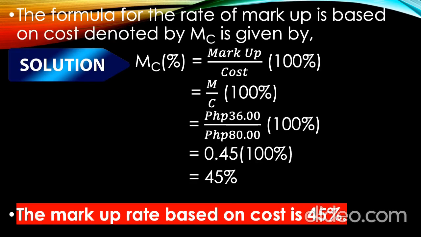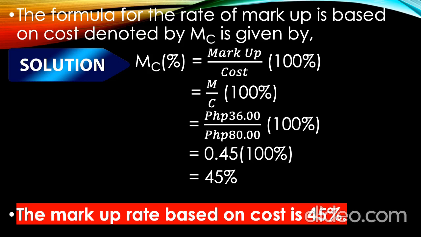So now that we have our markup, we can also compute the markup rate. So we have the markup based on cost. Markup based on cost, M sub C, is equal to markup divided by cost times 100%, or simply M over C times 100%.